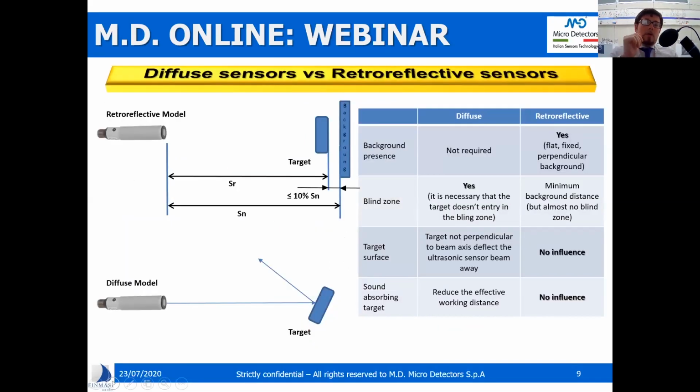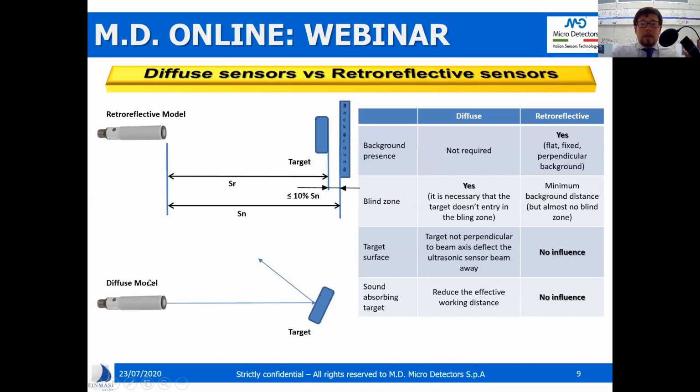Okay, now let's talk a little bit about retroreflective sensors, because until now we faced this discussion about the diffusion mode.